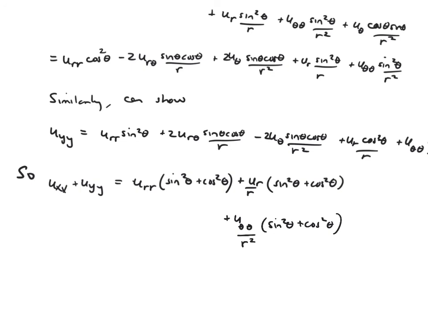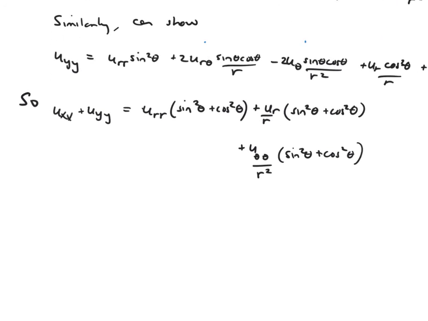Okay, and again, when I add them together, that and that and that and that are going to cancel. Sine squared theta plus cos squared theta, you might know this, is equal to 1. Isn't that interesting?